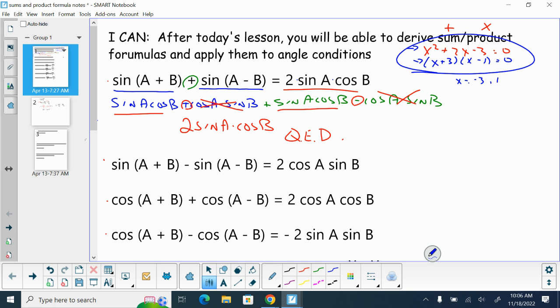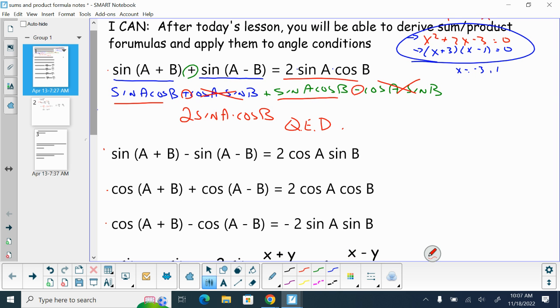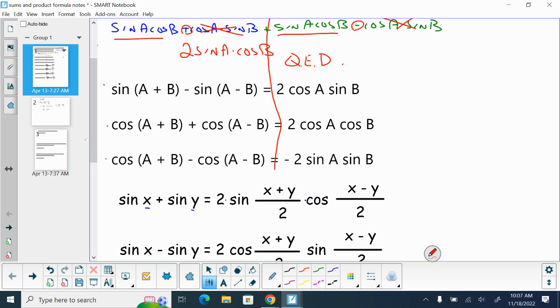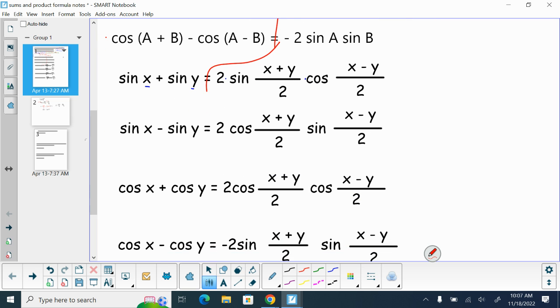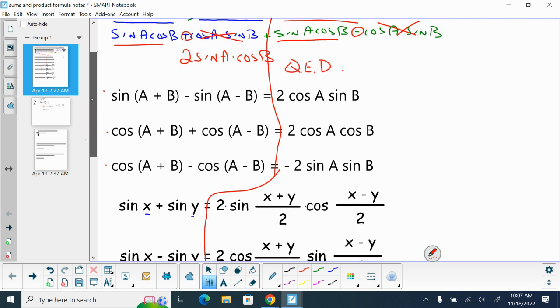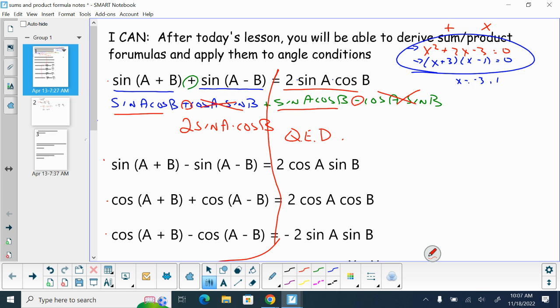Now, if we take a look at the characteristics of what we have here, we have equal signs in all of these. On the left-hand side of these equal signs, we have sums and differences, which means we have additions and subtractions.